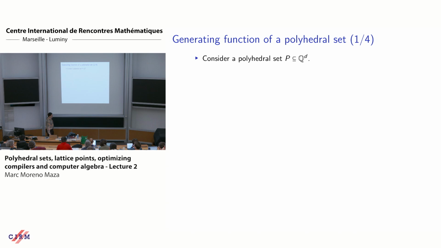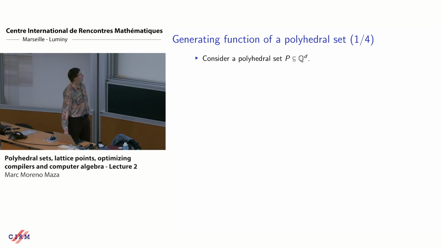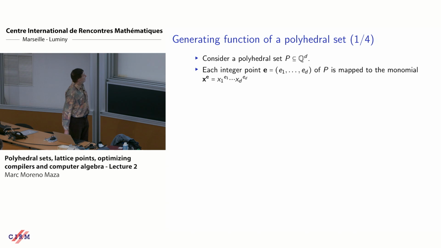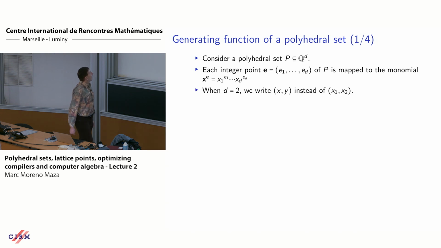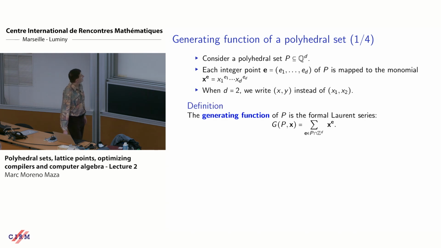And this is done through the notion of generating function of a polyhedral set. So given a polyhedral set P, we are going to map every integer point E to a monomial, also in a natural way. When d equals 2, instead of writing x1, x2, of course, we will write x and y in the following examples.